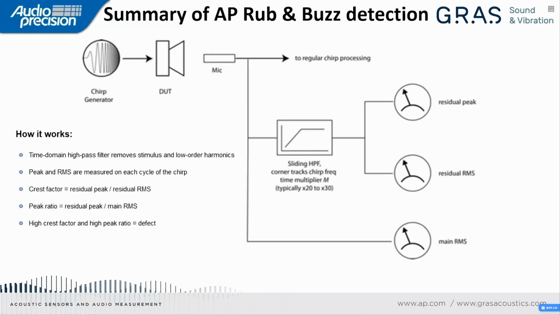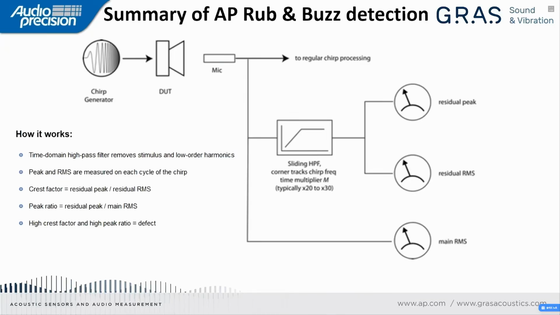So summary of how the rub and buzz for peak ratio and crest factor, which we've had for a while, works. We have our log chirp, and we have this sliding high pass filter, which tracks the chirp frequency and has a time multiplier, typically of times 20 or times 30. And this results in a residual peak and a residual RMS.